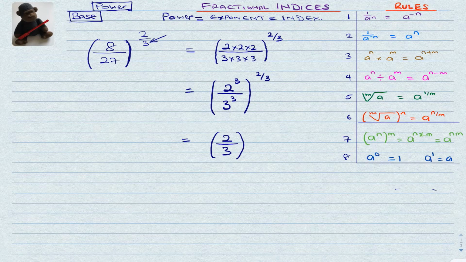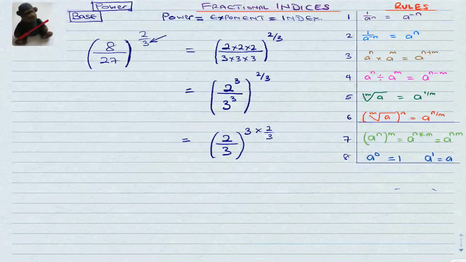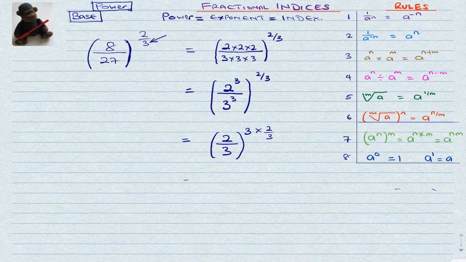I'm applying rule number 7 now. I'm taking the power out, so I'm getting 3, and then I'm timesing it by the fraction power. So that will be 2 over 3. In this case, 3 times 2 over 3 is 3 times 2, 6, and 6 divided by 3.